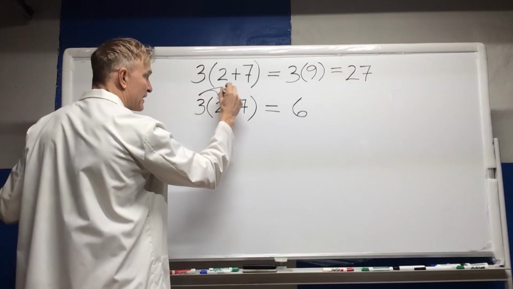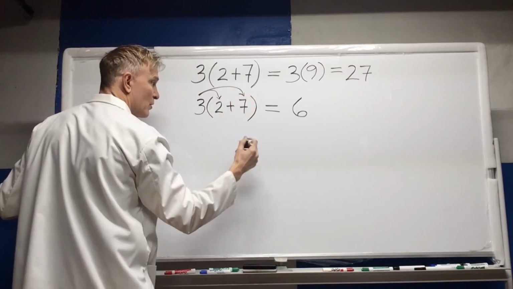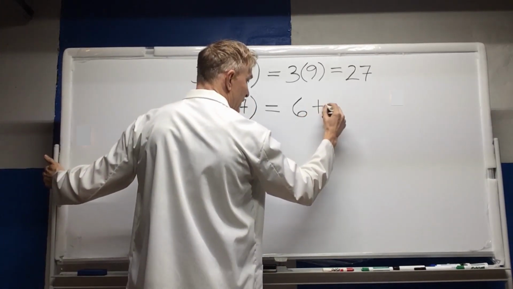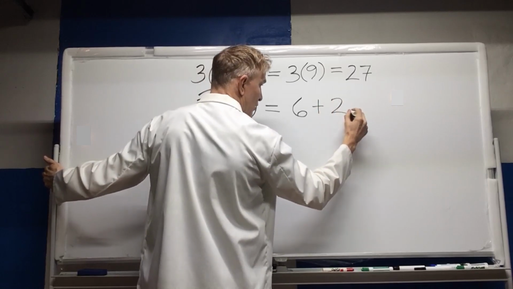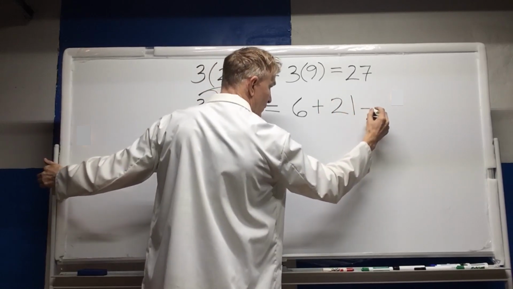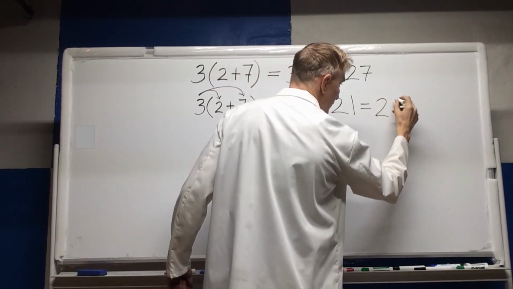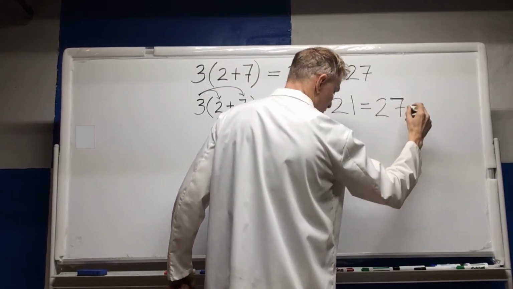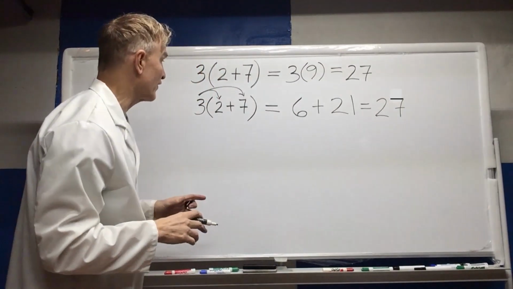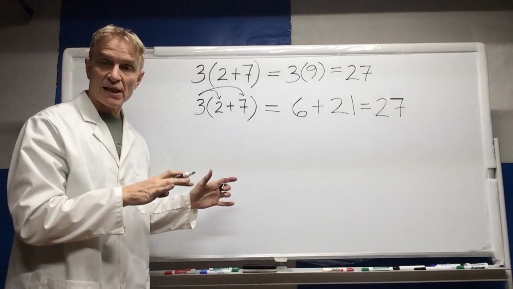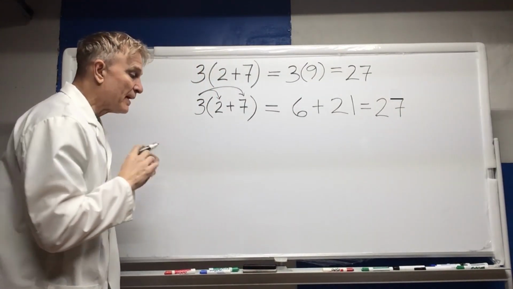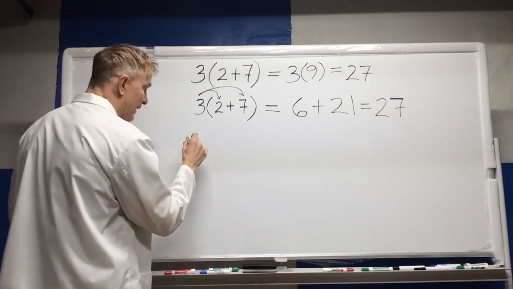And 3 times 7 is equal to 21, which is also equal to 27.